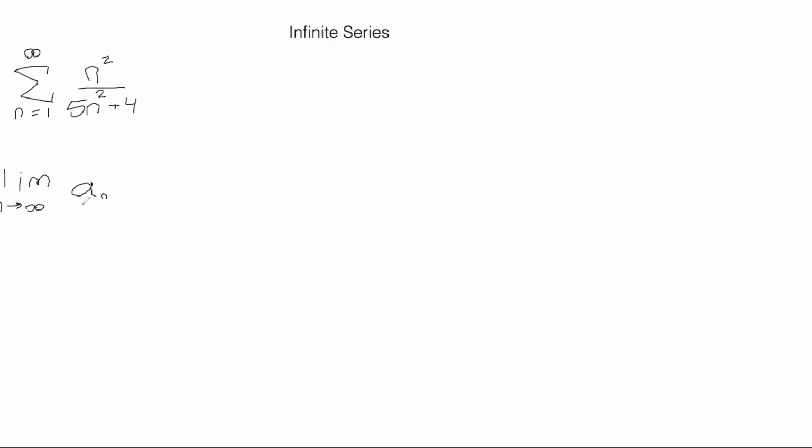And then I'm going to just replace a sub n with all of this, because everything in this box is considered to be a sub n. So let's see what happens as n gets larger and larger.